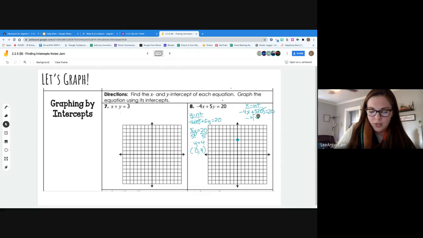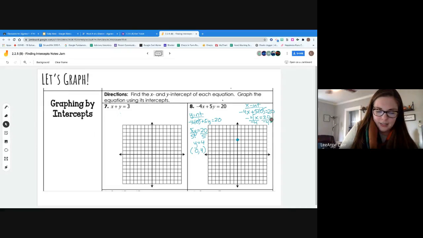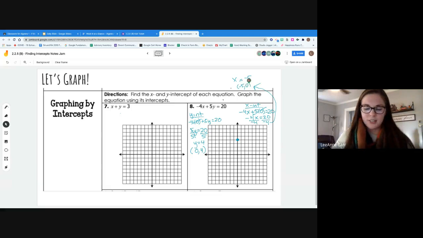And we have -4x equals 20. If we divide by -4, I know I'm running out of room here, we're going to get x equals -5. And we would write our answer as (-5, 0) to be all fancy.